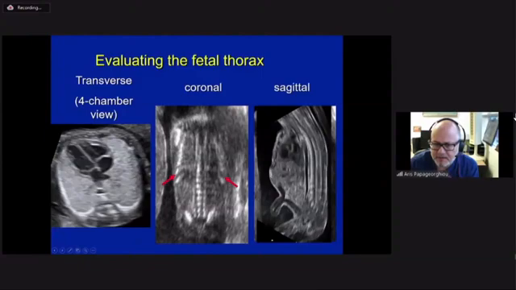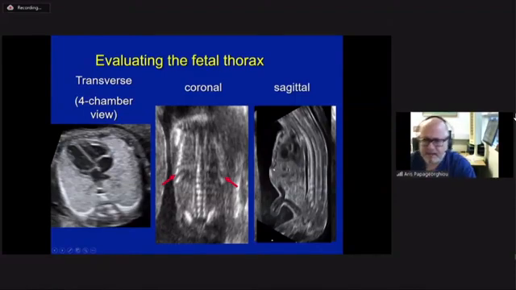Remember, the baby's breathing as well, so sometimes you have what looks like an exaggerated ridge, and the sagittal view may not necessarily always be the best in order to look for a small chest. Now, I think the coronal view is really valuable, as is the transverse view, and with experience, you will also get a really good impression from the sagittal view.